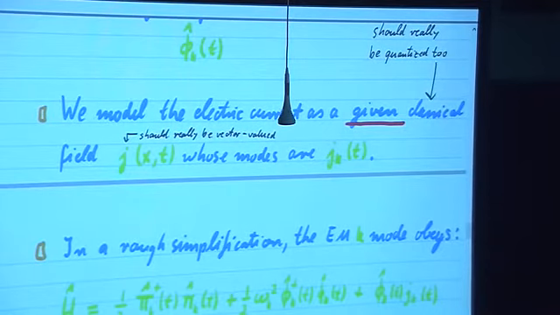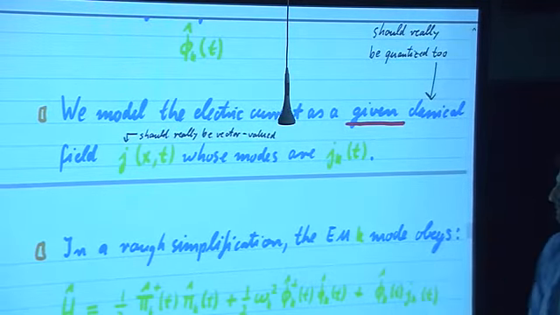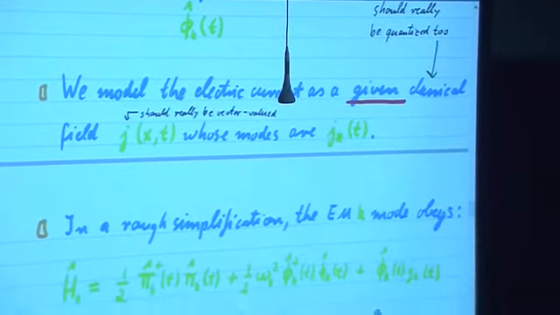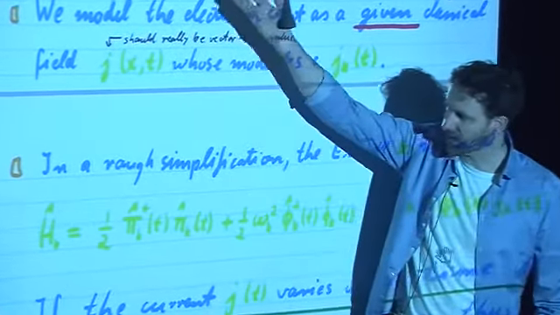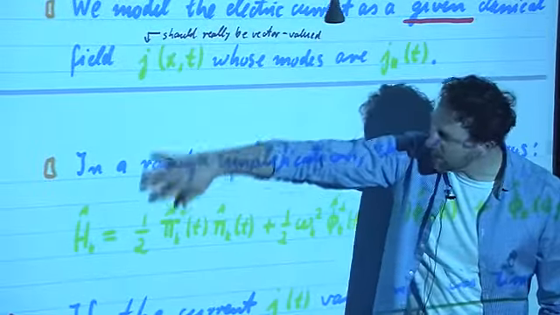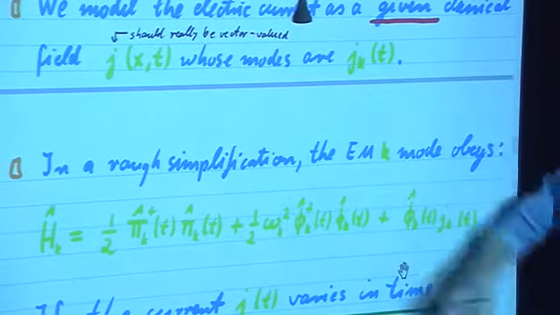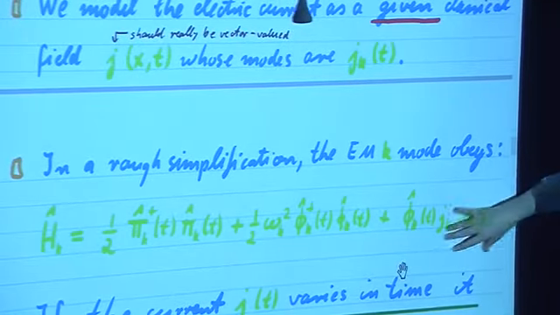So in a rough simplification, the electromagnetic field mode k has therefore this Hamiltonian. It's the Hamiltonian of one of the modes as we discussed before. It's the usual 1/2 p squared plus 1/2 omega squared phi squared. And we add now to the Hamiltonian this term.